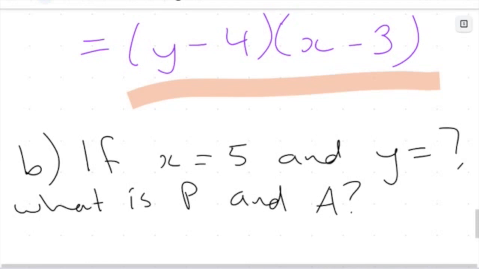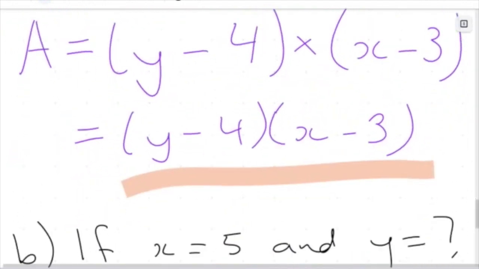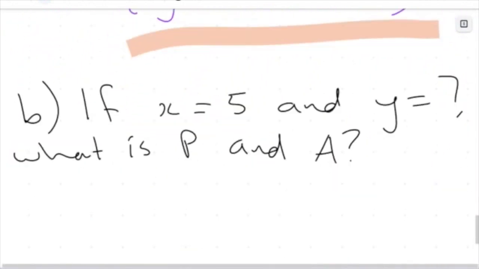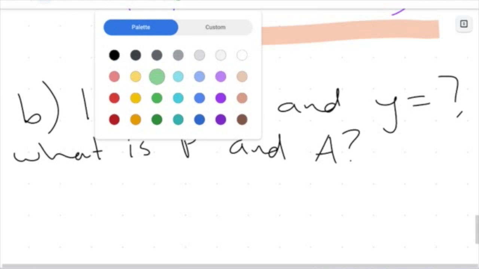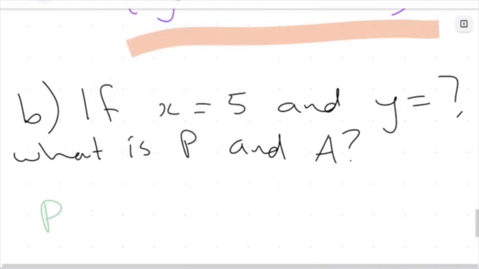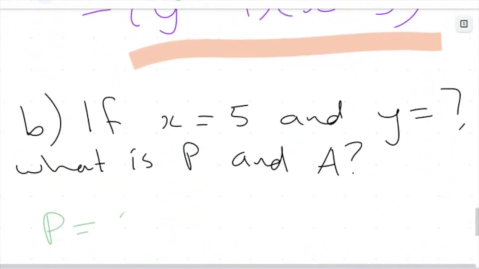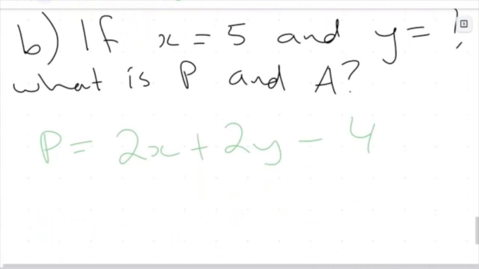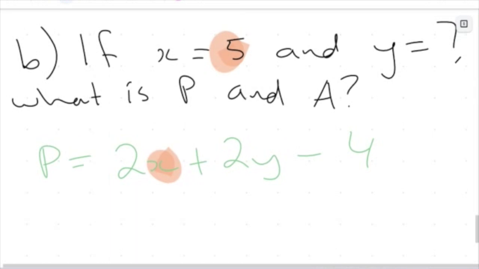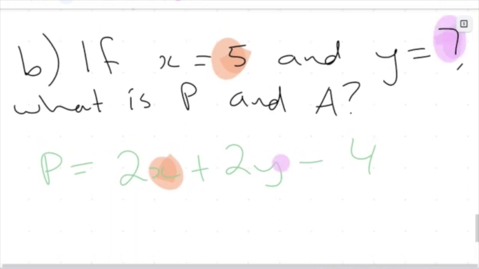Cool. So what I'm going to do here is first find the perimeter. So I'm going to write that expression I came up with again. And that was 2x plus 2y minus 14. All I'm going to do here, guys, is substitute my 5 into my x, and my 7 into my y.